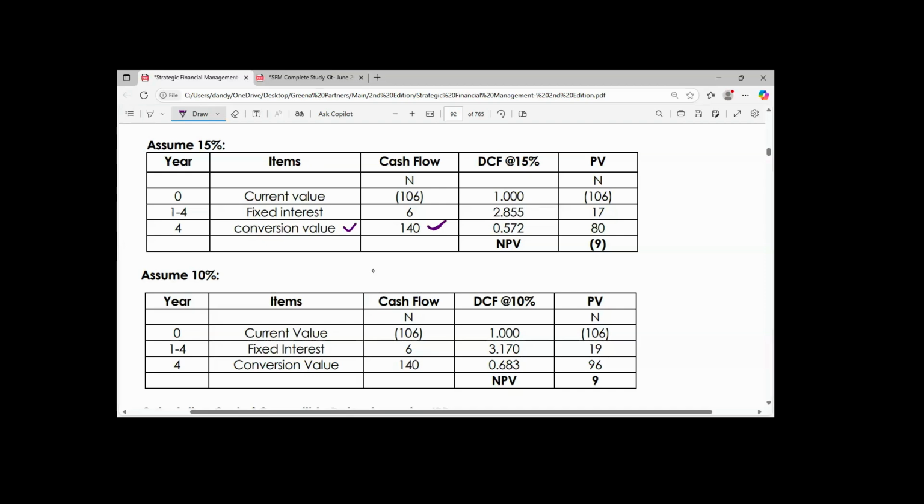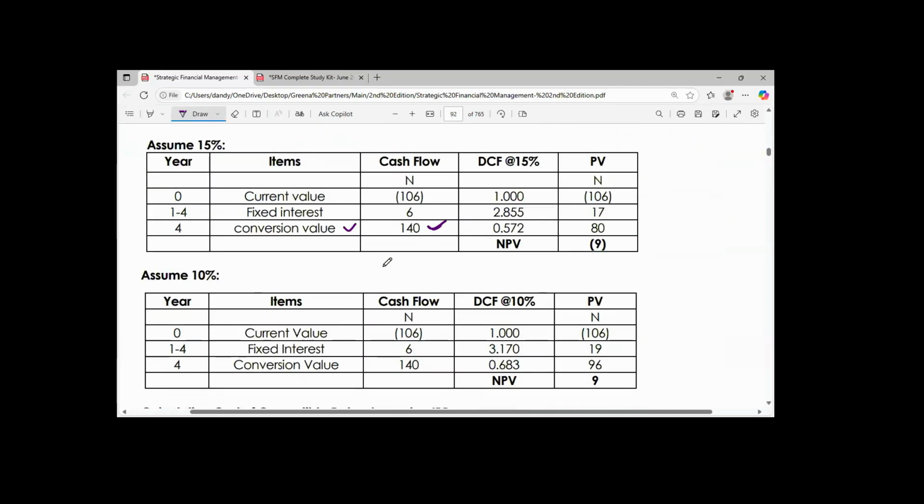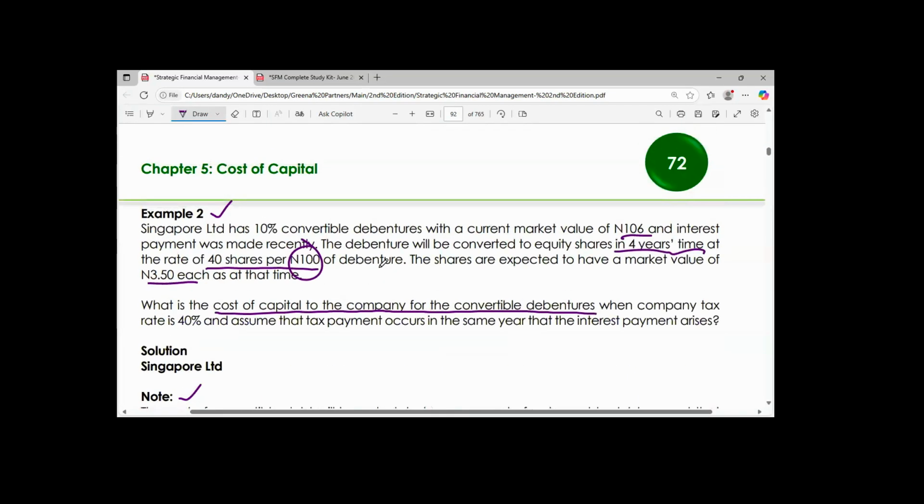The current market value, according to the question, is 106 naira. We are told that interest payment was made recently, so it means that 106 naira is already the ex-interest price. That's why you see I didn't make any adjustment. The fixed interest is the coupon rate on this convertible security, which is given.